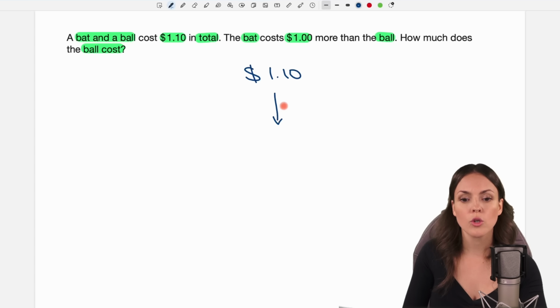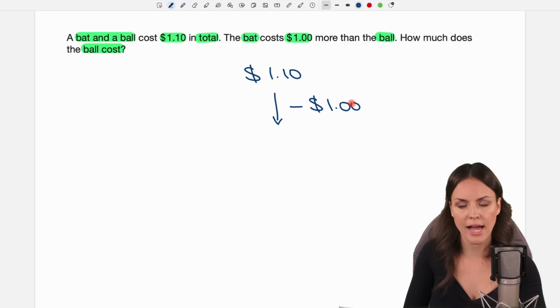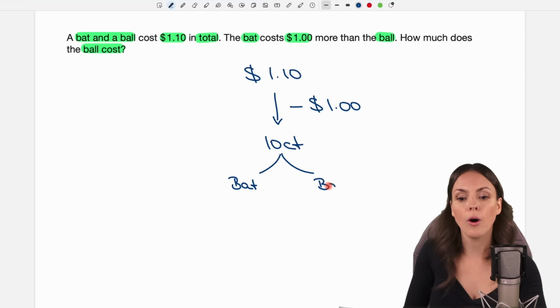So from this total cost, I subtract this $1 difference, and I get a rest of 10 cents. And these 10 cents need to be evenly split between the bat and the ball.